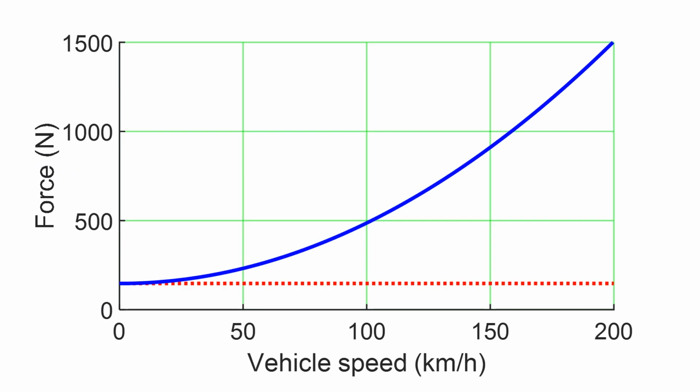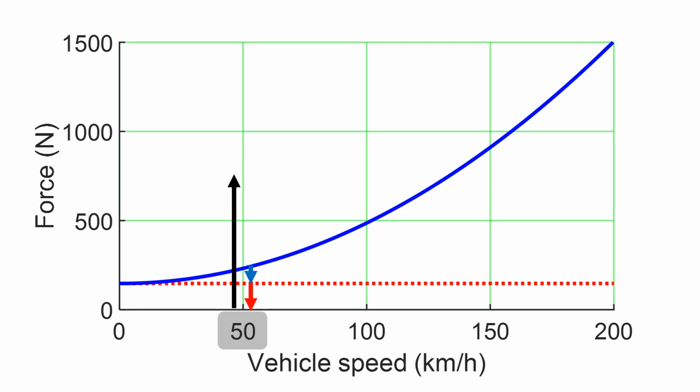Now we will show how the same analysis can be illustrated in a force-speed diagram with a curve showing the rolling resistance plus aerodynamic resistance. In this situation, the vehicle is driving at 50 kilometers per hour. We take the vector sum of aerodynamic drag force, rolling resistance force, and the traction force from the powertrain, in this case plus 750 newtons.